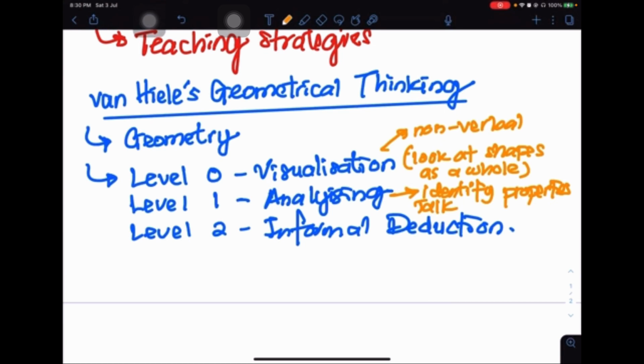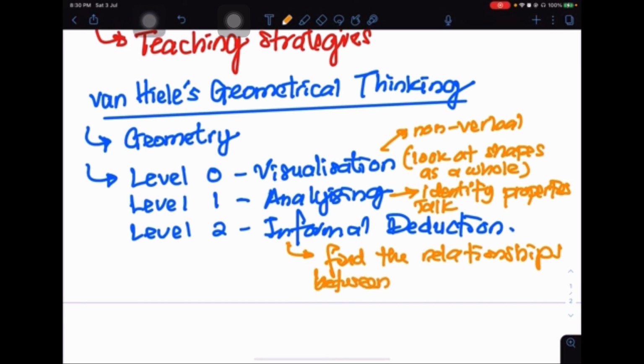To them, the properties of the shapes are very important. For informal deduction, this is where they find the relationships between properties.